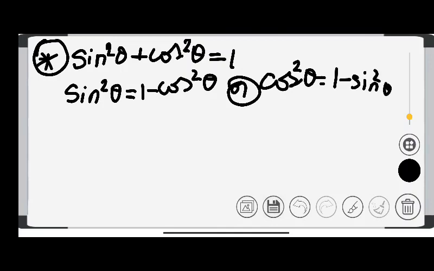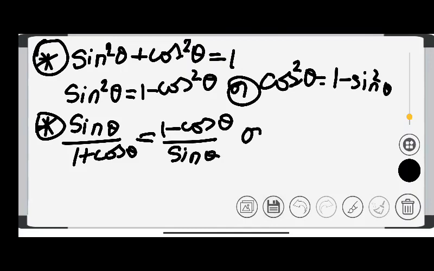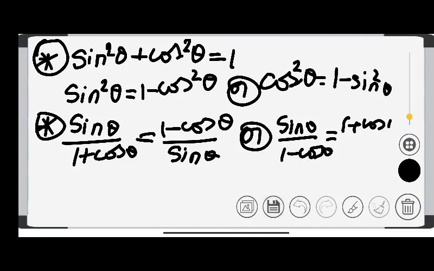If sine theta is taken this side, then we could write 1 plus cos theta and 1 minus cos theta, then sine theta. This is also okay.